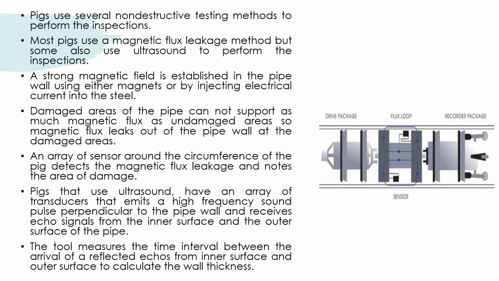Pigs that use ultrasound have an array of transducers that emit a high frequency sound pulse perpendicular to the pipe wall and receive echo signals from the inner surface and the outer surface of the pipe.